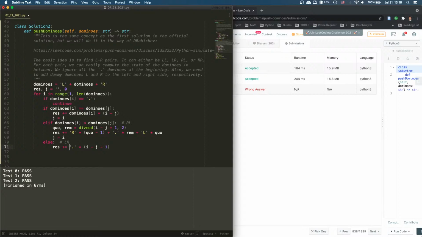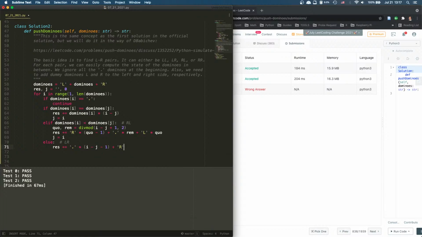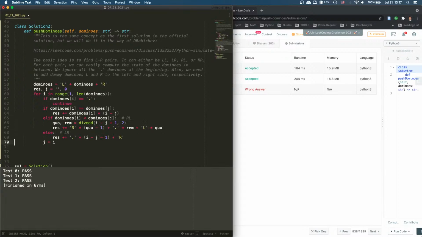So plus equal this plus the current one. What's the current one? And R. So we have to include R in this one, because J has to equal I. Remove J equals I. And return the res.